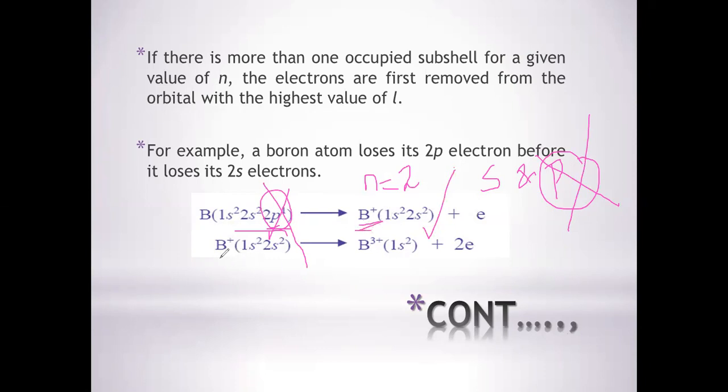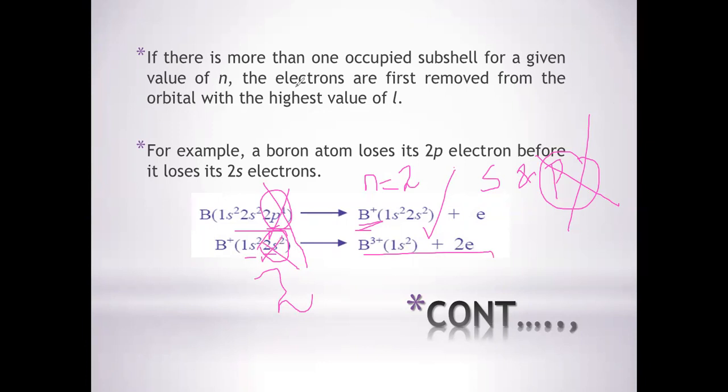If you want to go from B+ to B3+, the same rule applies. You have 1s2, 2s2, and the highest principal quantum number is 2, so the 2s electrons are removed and you get B3+ with 1s2.